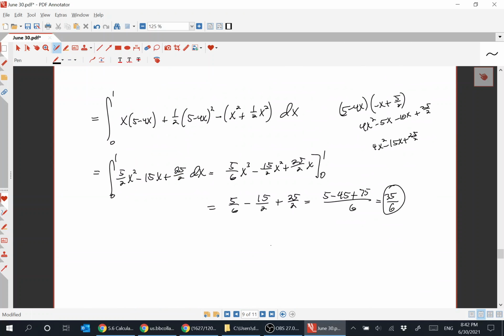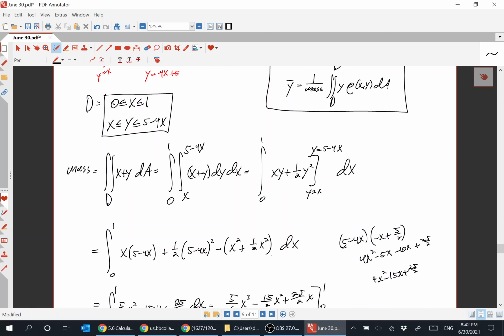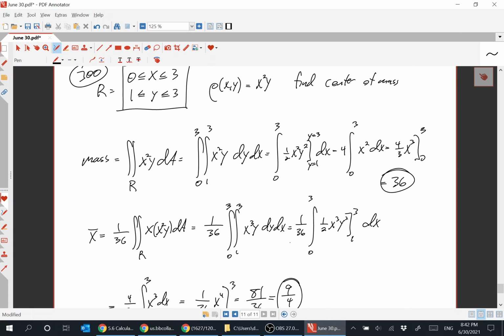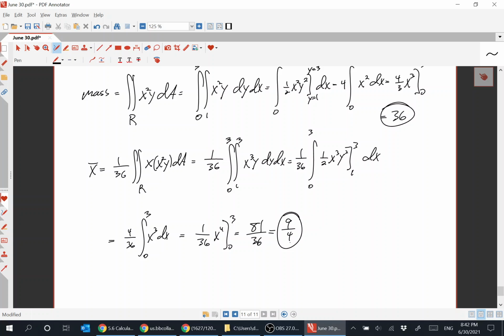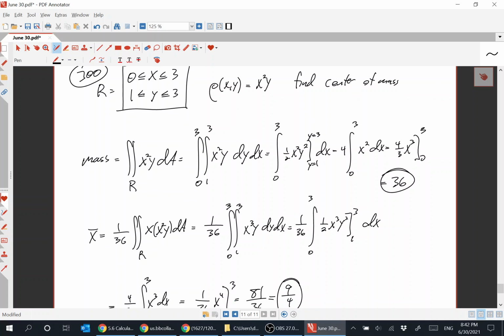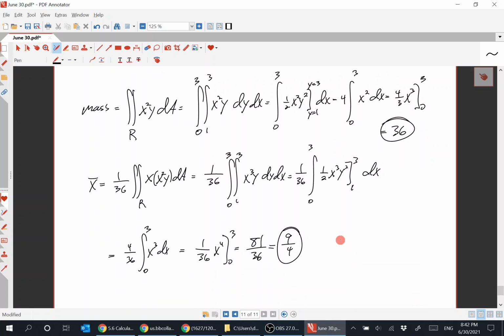Oh, I didn't draw the triangle. So the x goes from 0 to 3. So it's out towards the right, right? x goes from 0 to 3. So 2.1 is like there.